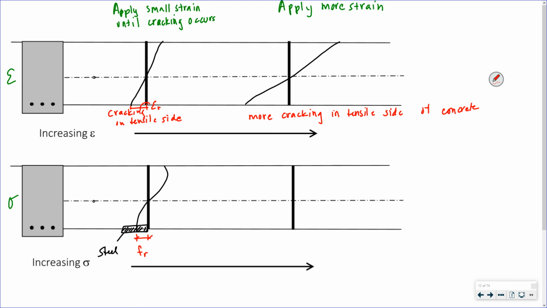It's going to start at the bottom. Actually, it's down here, right? That's where it starts. It's going to start cracking down here, and eventually it's going to start cracking all the way up until the neutral axis, because this whole bottom is in tension. So, more cracking starting from the bottom.